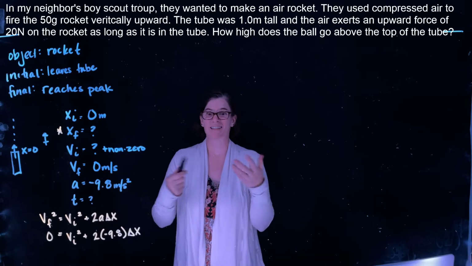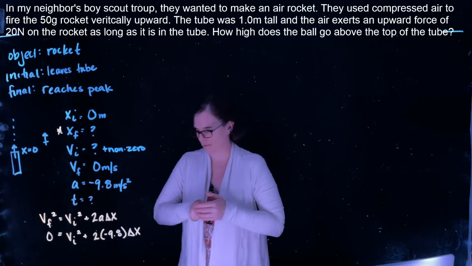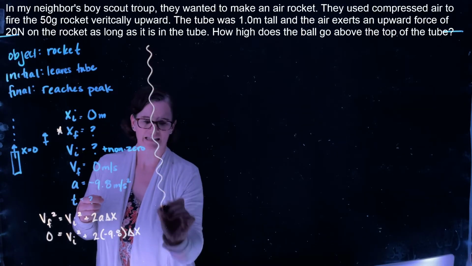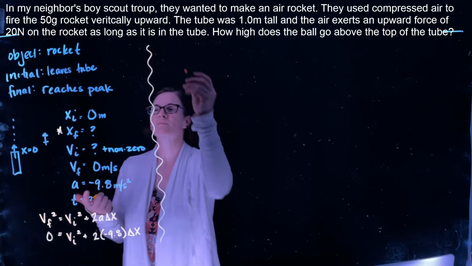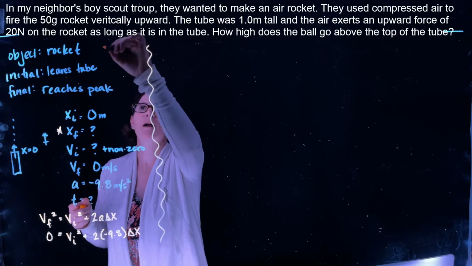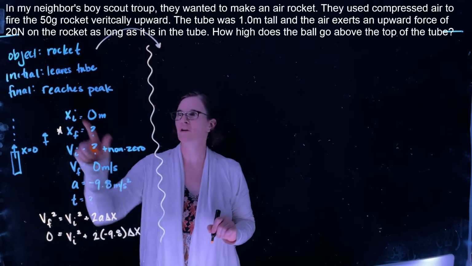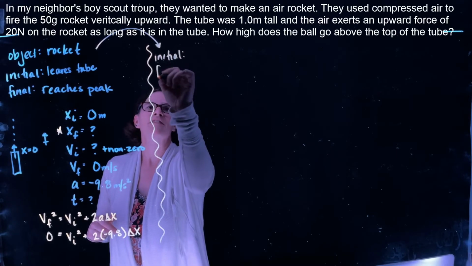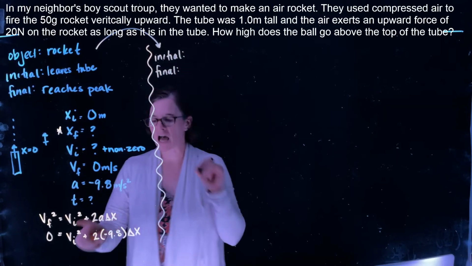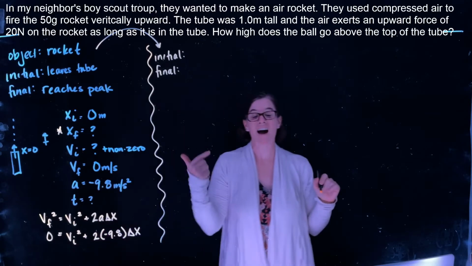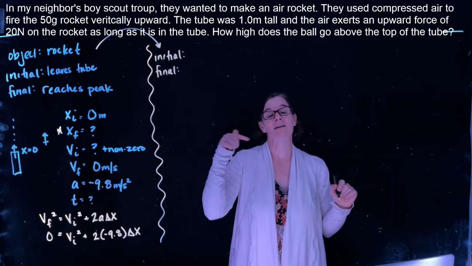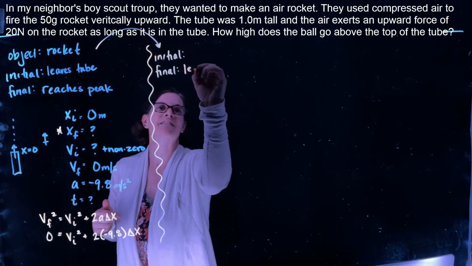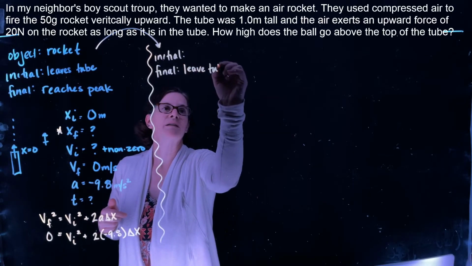Okay, well, speed is another kinematics problem. So since I need V initial, I'm going to go to my second kinematics problem. In this case, the object's still the rocket, so that transfers over. My initial and my final are what I'm interested in. The initial velocity of the rocket is the final velocity as it leaves the tube.